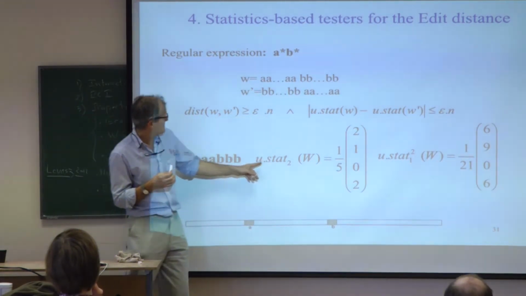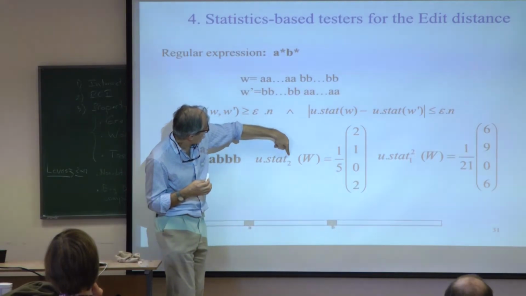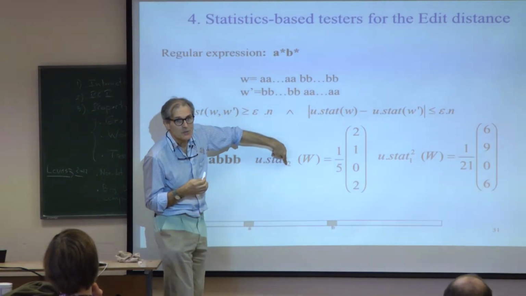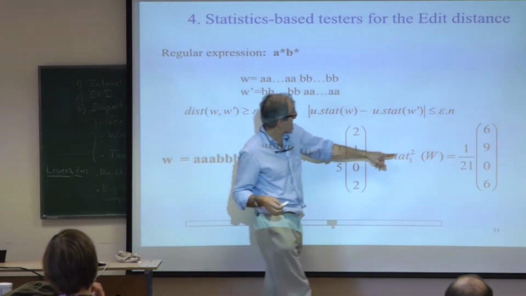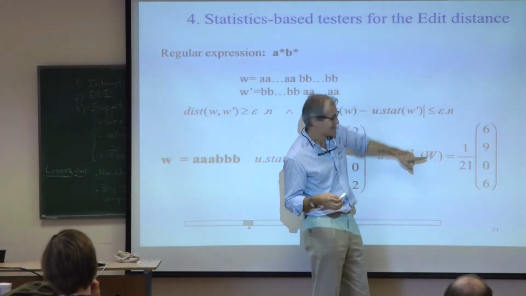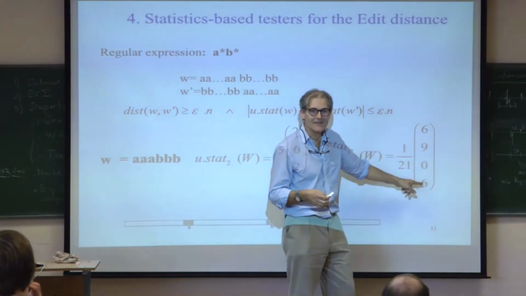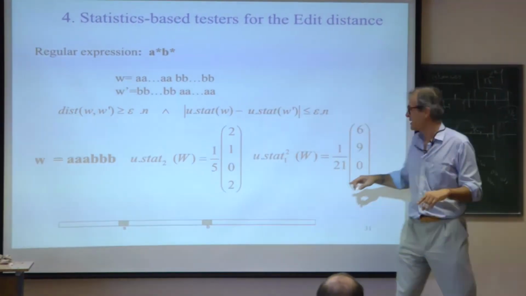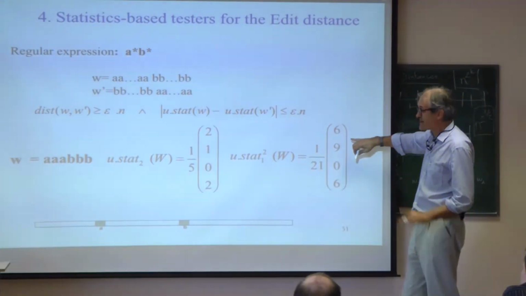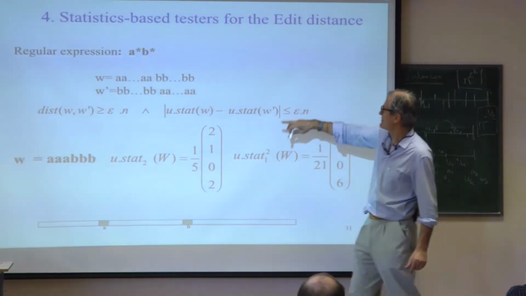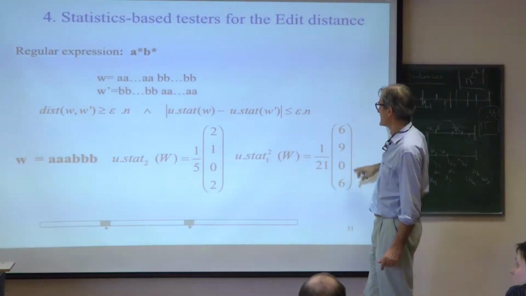Here is the U-stat to the power 1, of dimension 2. Here is a U-stat of power 2 for letters only, because this way I have dimension 4, which is easy. First of all, where does this come from on this example?